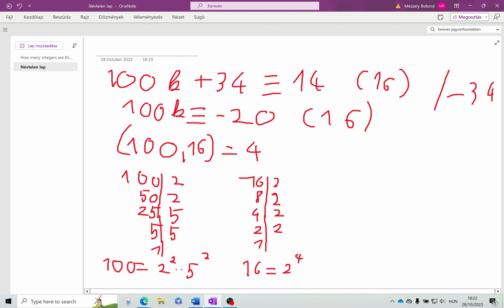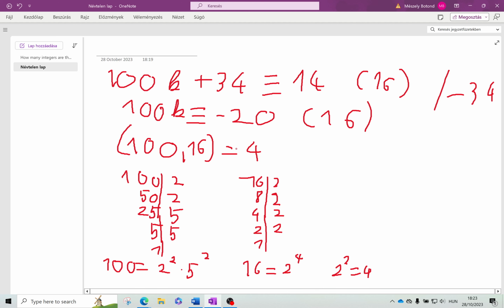You check the common parts of the two factorizations, and you get 2 to the power of 2, which is 4. So the greatest common divisor is 4.